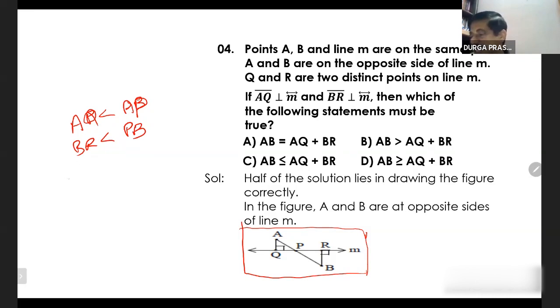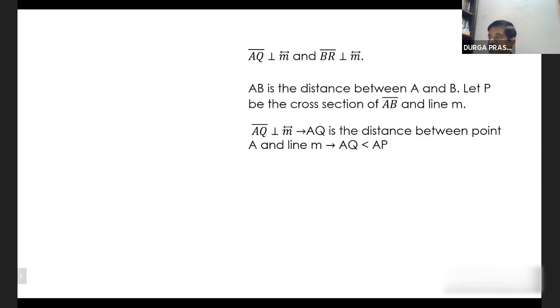So if you take AQ plus BR, this is less than AB. So AB is greater than AQ plus BR is true. So option B satisfies. This is what we mentioned there.